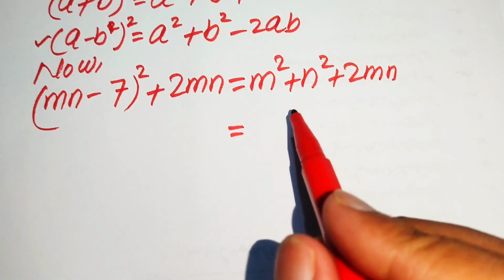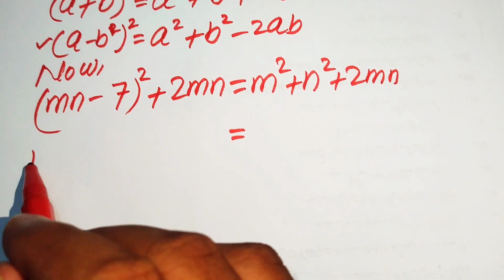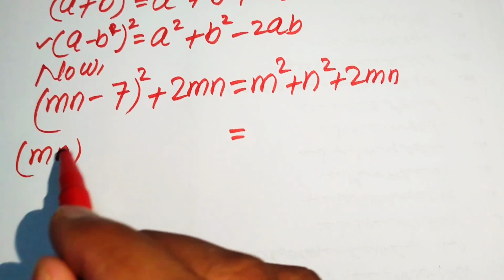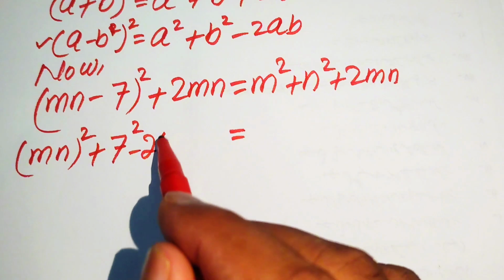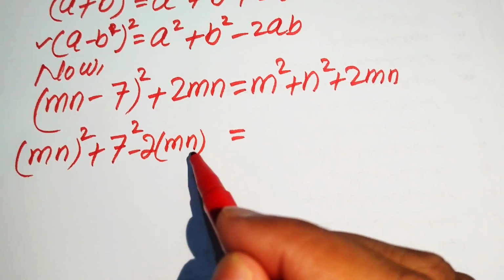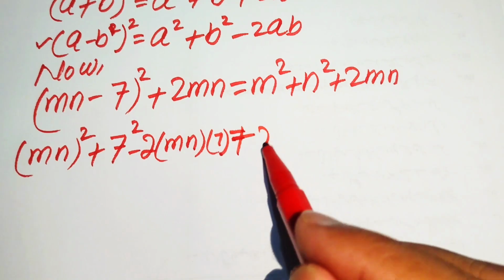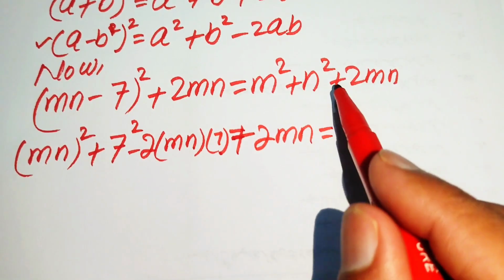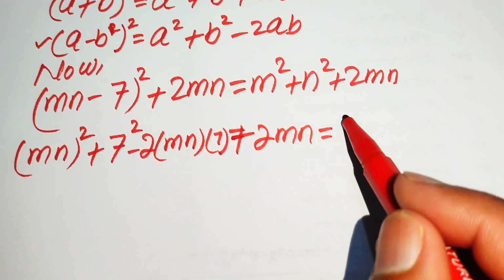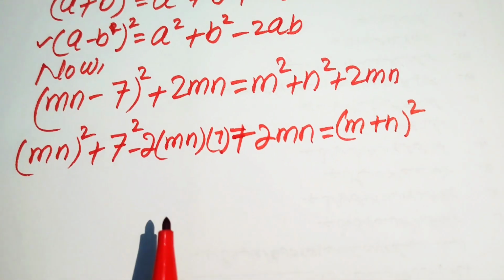So we open the square of this term and it will be written as (mn) whole square plus 7 square minus 2 times of mn into 7, and this is our plus 2 times of mn. And in the right hand side you see here we can just write this in complete square form, and it will be written as (m plus n) whole square.